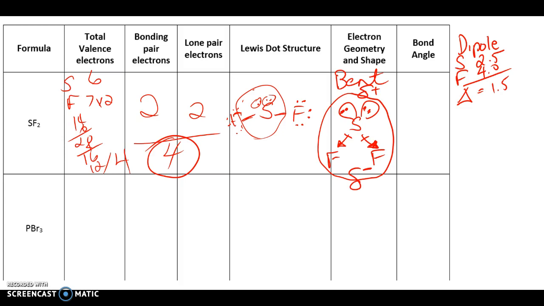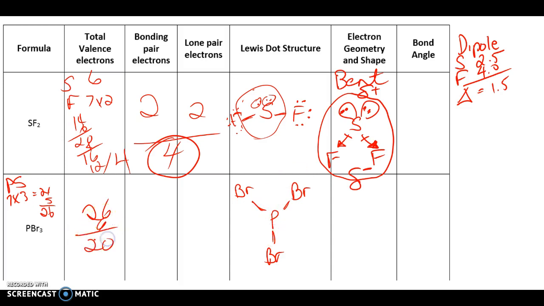Okay? Let's look at PBr3. Count valence electrons. Phosphorus has 5. Bromine has 7 times 3, 21. So 21 and 5 is 26. So we have 26 valence electrons. Let's lay out our possible layout. Phosphorus is our central atom. I've used 2, 4, 6 electrons so far, and I have 20 left.